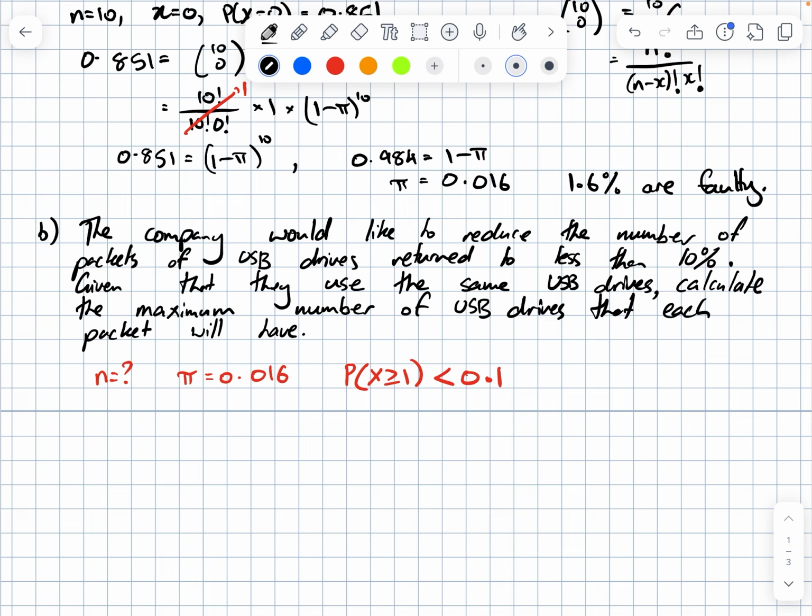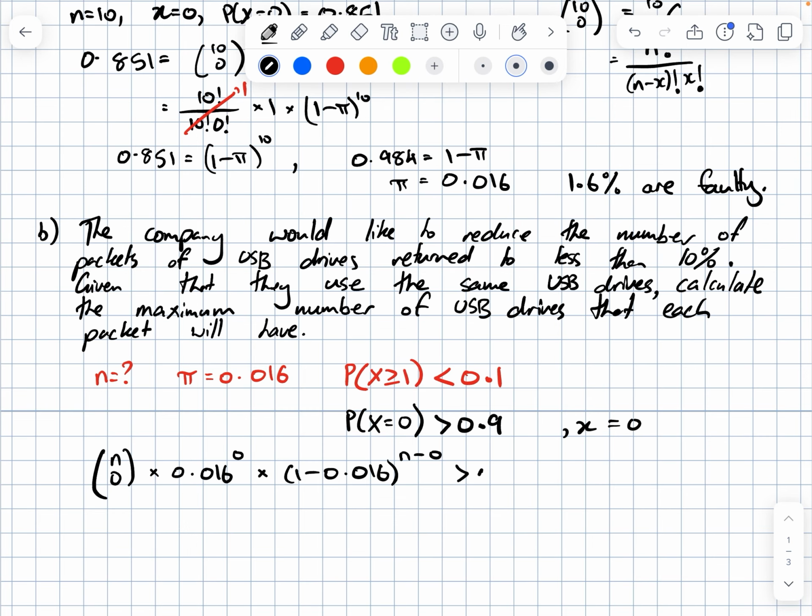That's what we know. Now we need x equals 0, so that means that the probability that x equals 0 must be greater than 0.9, which means that now in our calculation x equals 0. So substituting all of this into our formula, we know that we don't know what n is, so that's n choose 0 times 0.016 to the power 0 times 1 minus 0.016 to the power of n minus 0, and we know that that must be greater than 0.9.